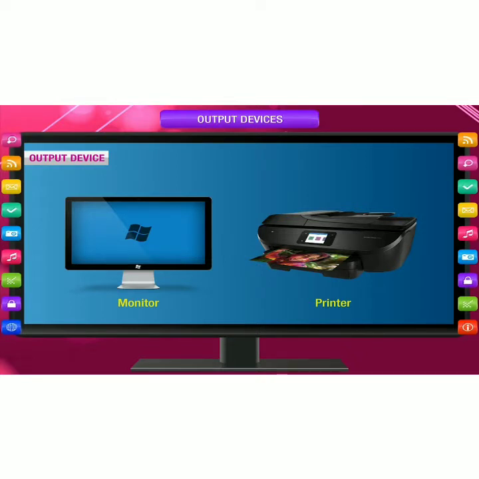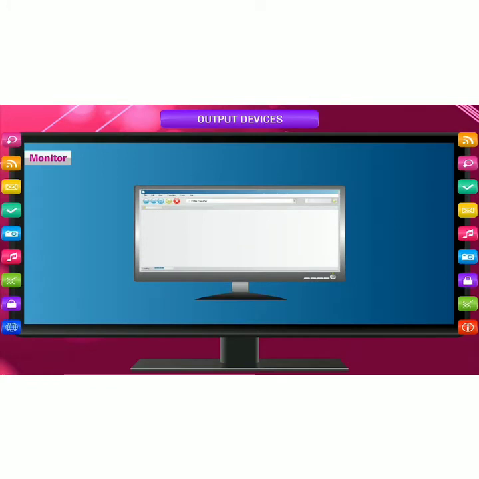So some of the output devices are monitor, printer, plotter, and speakers. Now we will start with monitor. Monitor is the main output device and it can display both text and graphics.